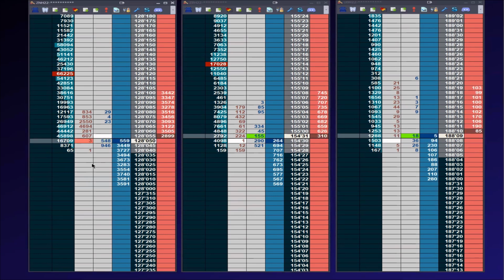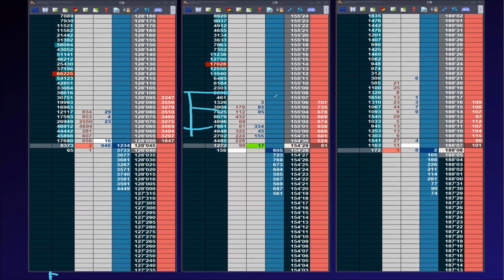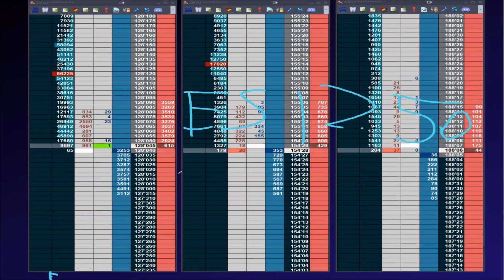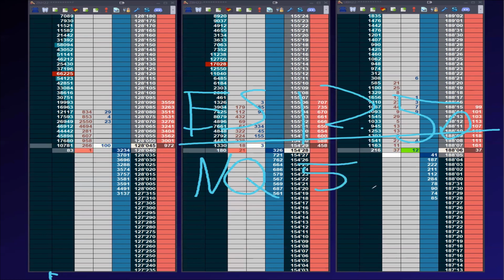So when we have certain products, this will have to be in theory, because with the ES, they have it set as $12.50. And then the NQ, because it's more volatile, not necessarily just because it's thinner, but because it's more volatile, they'll have it set to about $5 a tick.